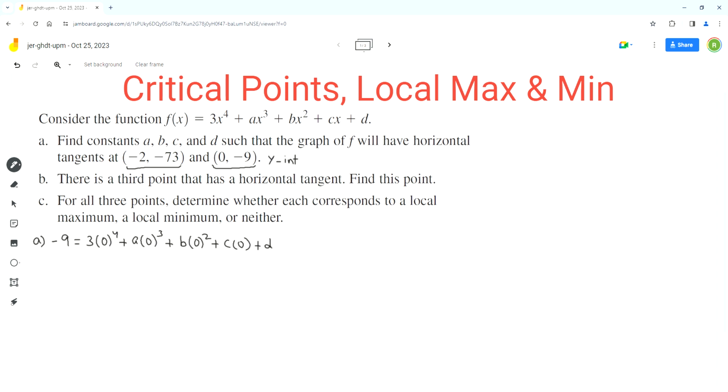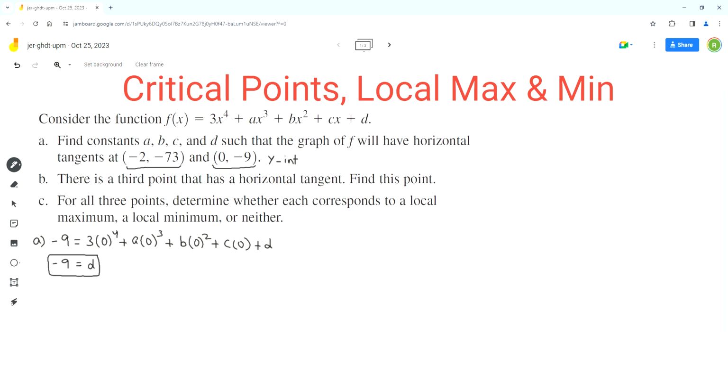As a result, the first 4 terms become equal to 0, and we are just left with -9 equals d. So this is the final answer for the value of d.